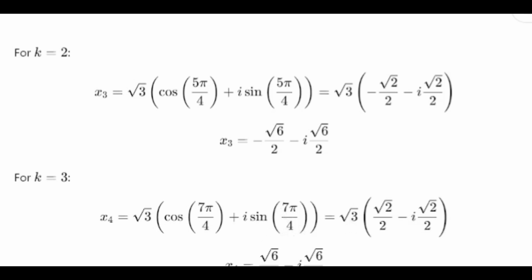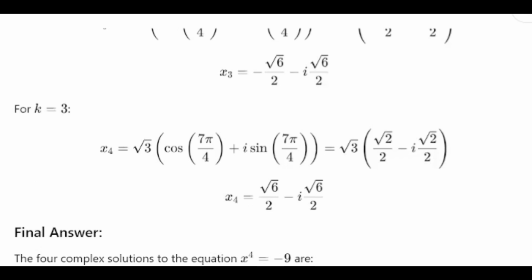So the whole of this will be equal to square root of 3 (square root of 2 divided by 2 minus i square root of 2 divided by 2). If you multiply square root of 3 by the whole of this, then x4 will be equal to square root of 6 divided by 2 minus i square root of 6 divided by 2. And these are the final answers.